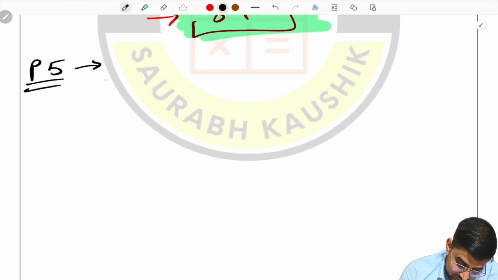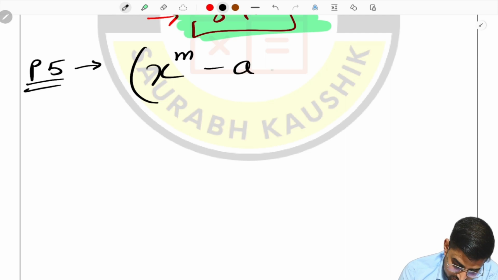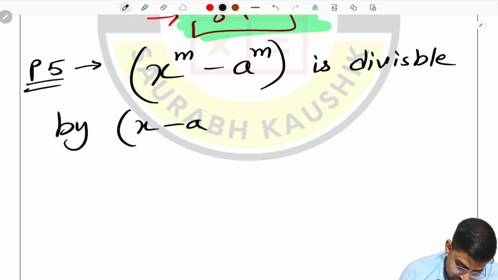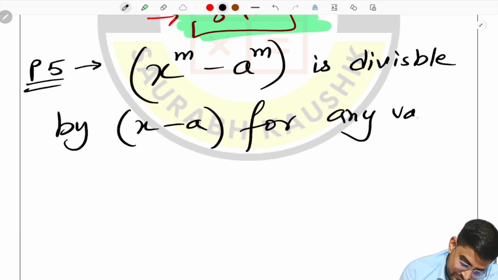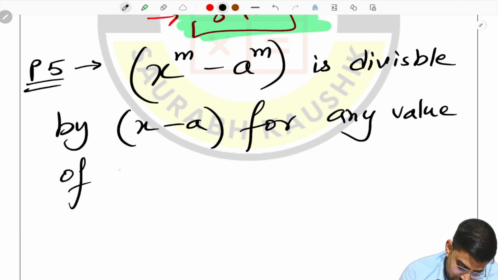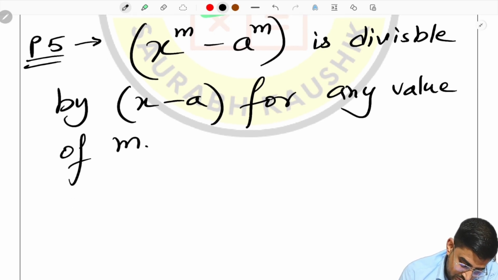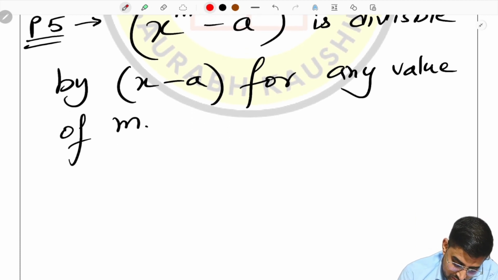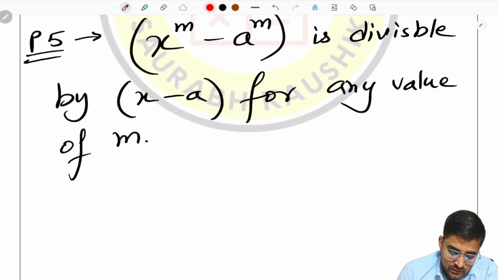What this property says, please pay attention here. x^m minus a^m, whatever you want to take, is divisible by x minus a for any value of m. Okay, what this statement is saying is that, for example, let us put m is equal to 2.